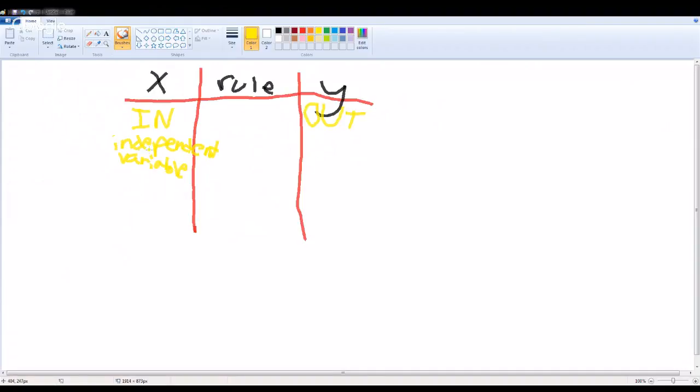I'm just gonna let you know that this right here needs a variable. Okay, this one's dependent variable, but I'm not gonna put variable on there now because that's just too much time. Dependent, and then variable. Okay, so in and out, independent, dependent, and also this one is domain, I believe.